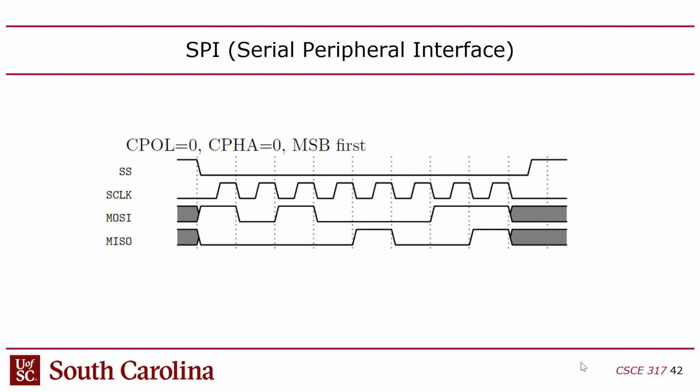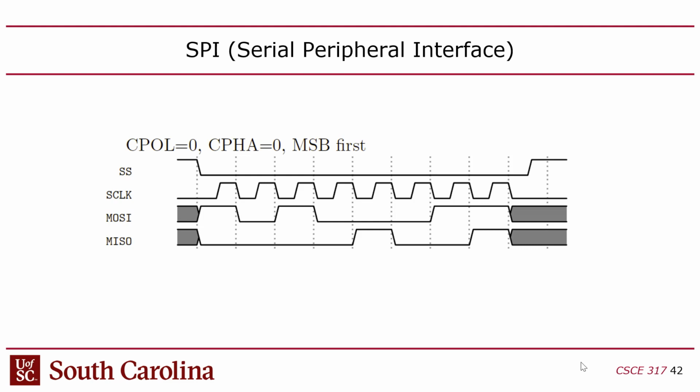Now the reason you're doing it on the first edge is you notice that the data lines have already changed by that first edge of the clock. What you're trying to avoid is clocking the data in at the same time the data is changing.